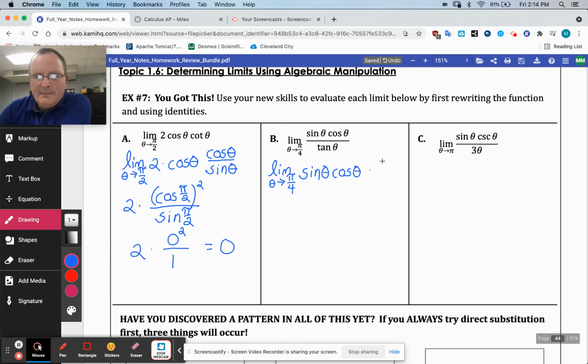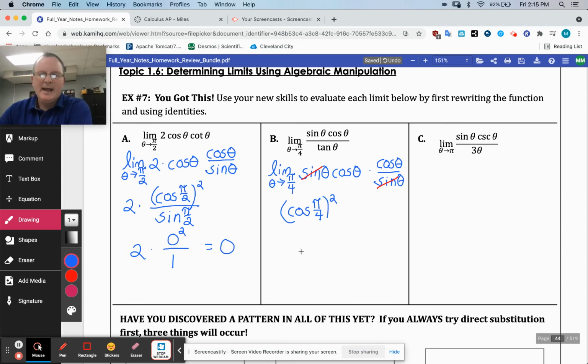So that's going to give me cosine theta over sine theta, which is kind of nice because then the sine thetas cancel. And then I can substitute into a cosine squared. All right, so here we go. So that will be the cosine of pi over 4 squared.